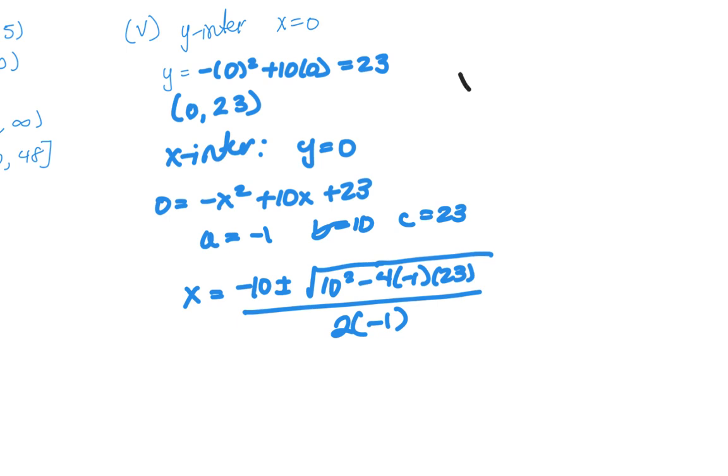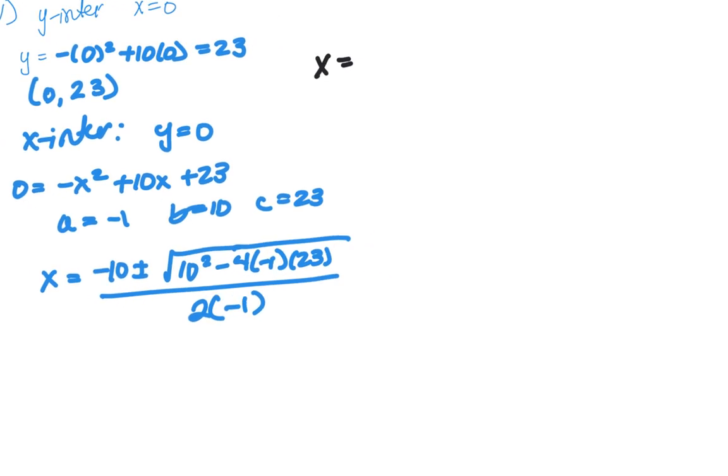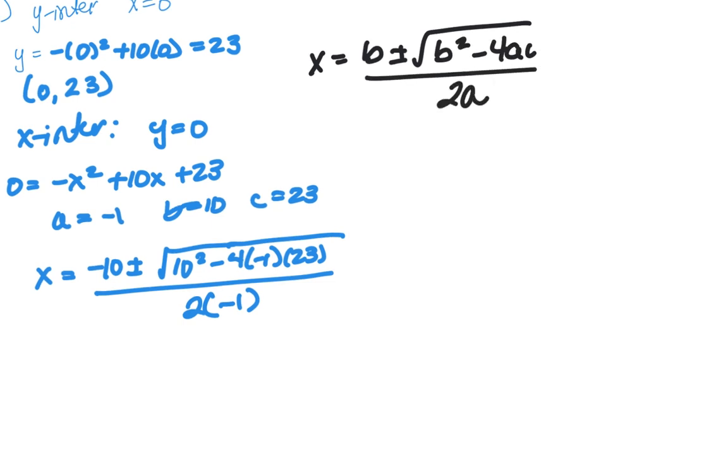The quadratic formula is x equals negative b plus or minus the square root of b squared minus 4ac, all over 2a.